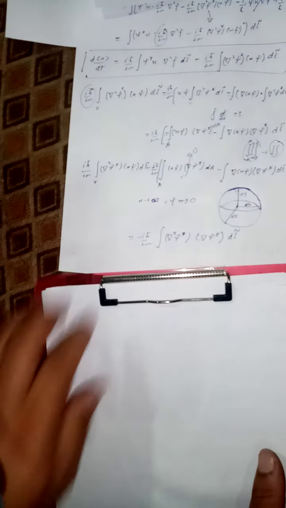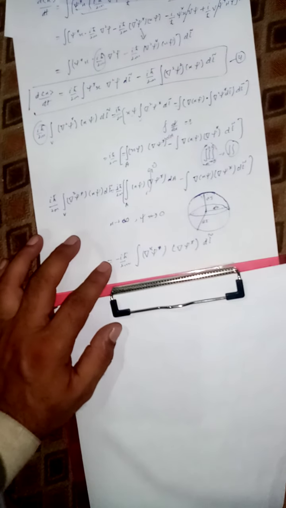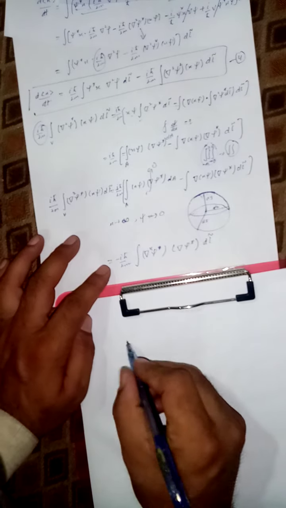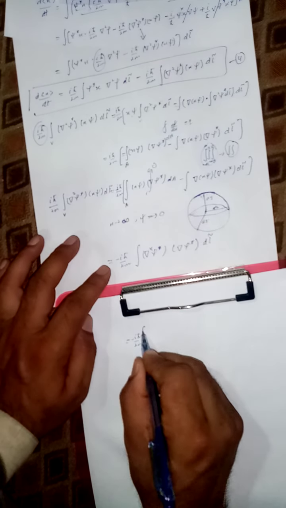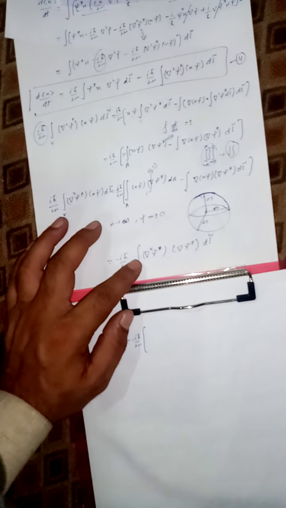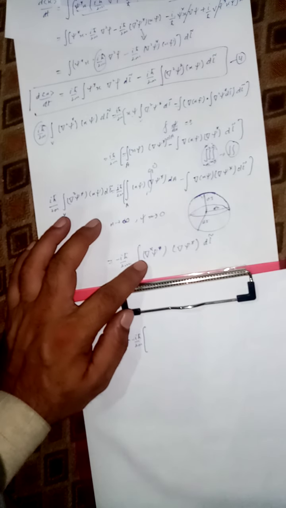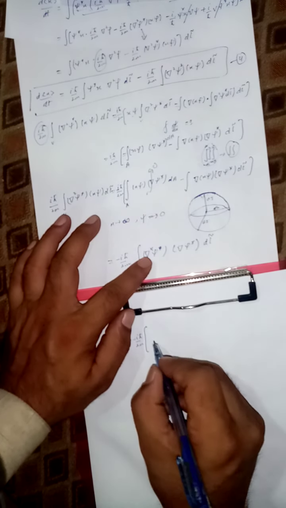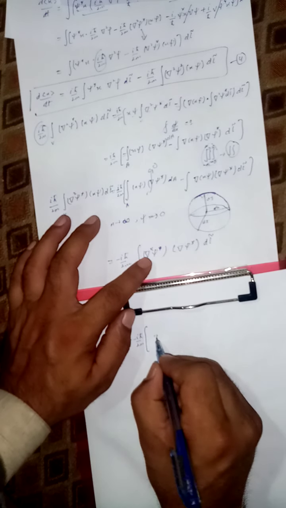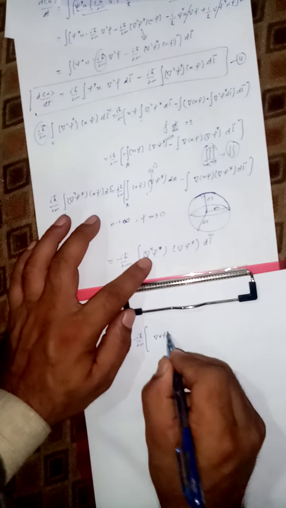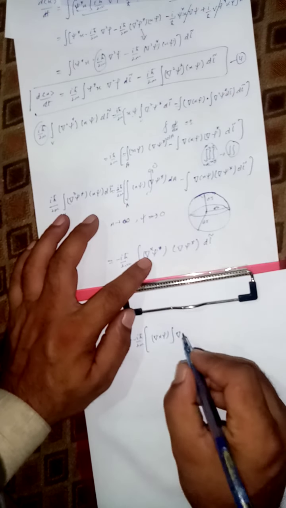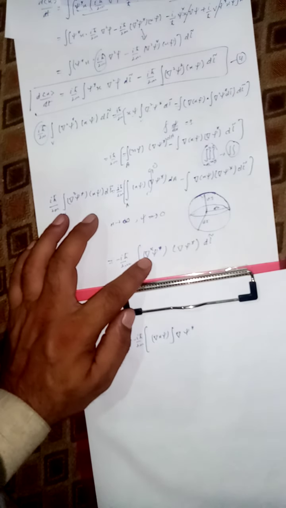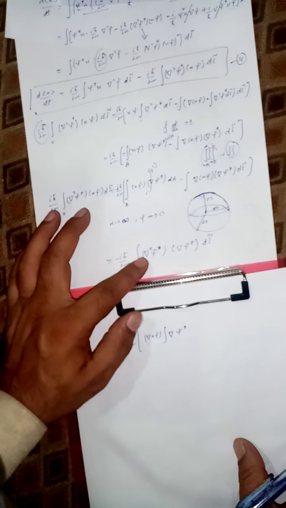So we have minus iota h bar over 2m, and we have the first function, which is del x psi, into the integral of the second, which is del psi star.